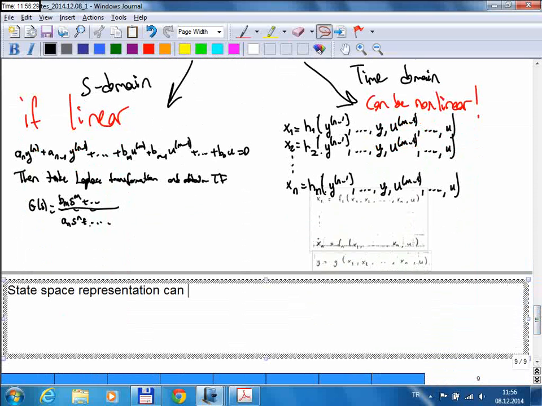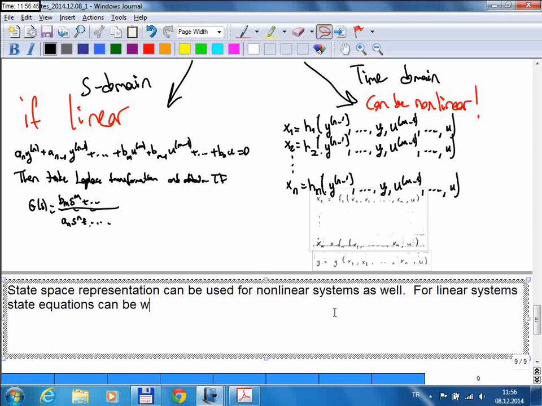State space representation can be used for nonlinear systems as well, and for linear systems state equations can be written in matrix form as follows.